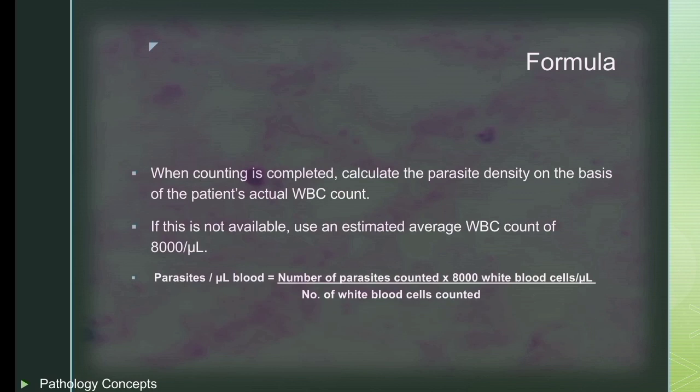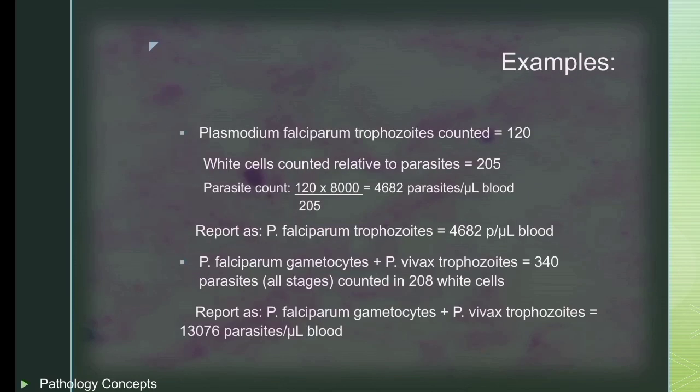That is, parasites per microliter of blood is equal to the number of parasites counted times 8,000 WBC per microliter, divided by the number of WBCs counted. These are some examples of how to use the formula to count parasite density.